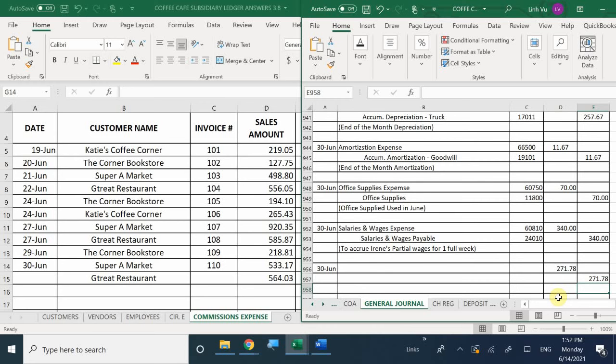So then that would be for the commissions expense. Commissions expense, good. Account number 60820. For the 271.78. And then commissions payable.